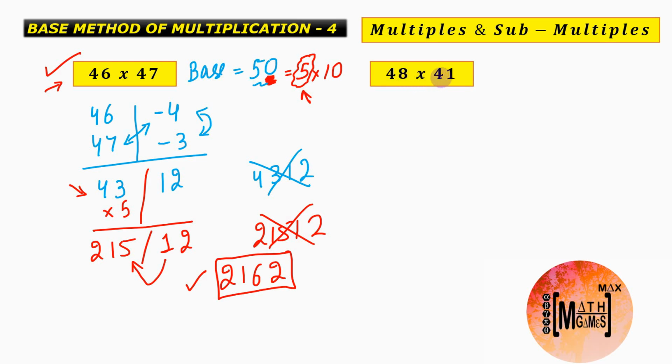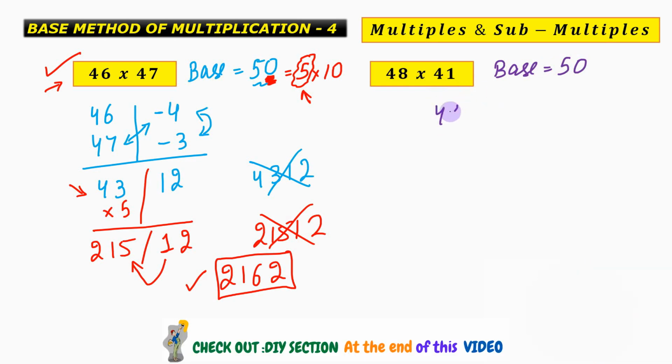We have 48 into 41. Again, the base is equal to 50. We write 48. Now, 48 is 2 less than 50, so we write minus 2. For 41, we write minus 9 over here and then we add these two quantities. 41 minus 2 is equal to 39.